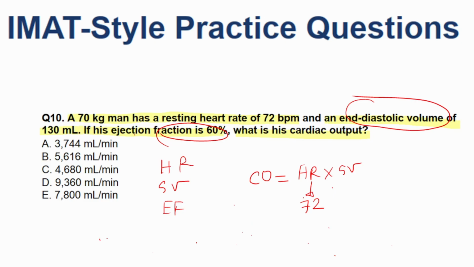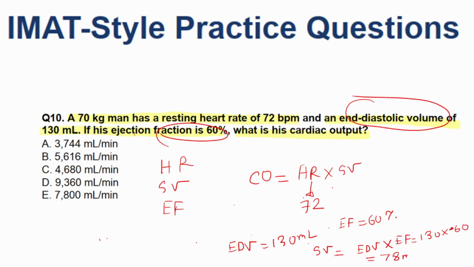The end diastolic volume is given as 130 ml. The ejection fraction is 60%. Now to find the actual blood volume ejected, that means stroke volume, we multiply the total volume by the percentage pumped out. That means stroke volume equals end diastolic volume times ejection fraction, 60% or 0.60, which is 78 milliliters.